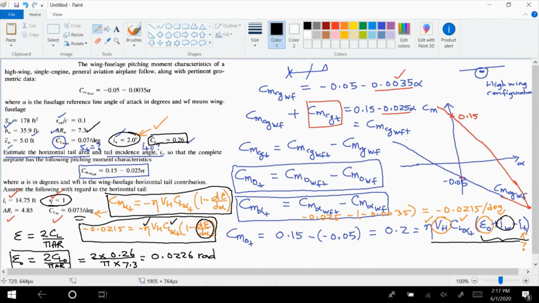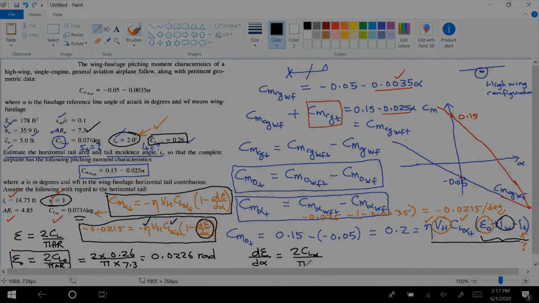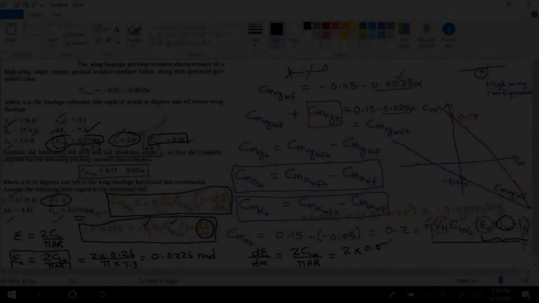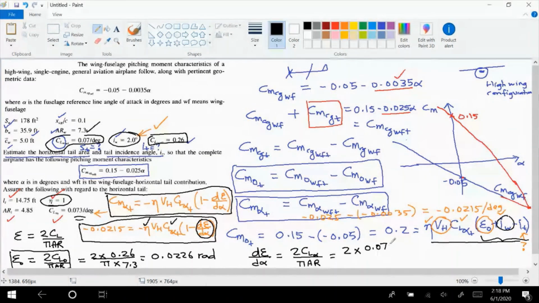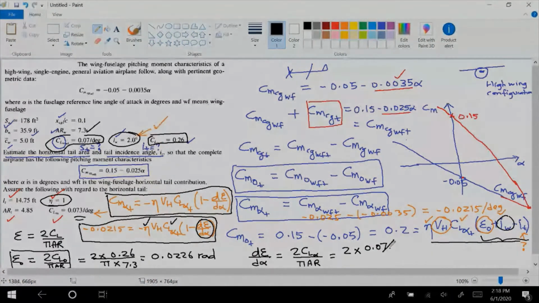To do that, you need to find the value of this d epsilon d alpha. Now again, we have already stated that d epsilon d alpha is equal to 2 Cl alpha divided by pi AR, 0.07 divided by, so pi radian is 180 degrees, so 1 degree is pi divided by 180. Aspect ratio is 7.3.